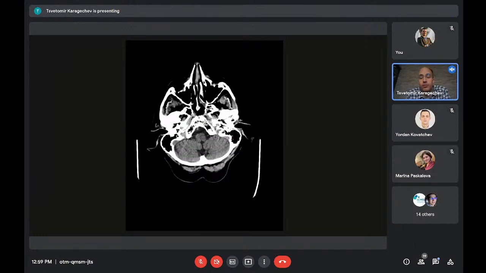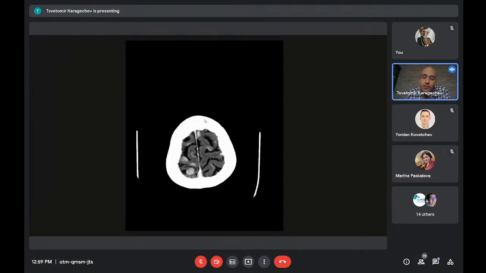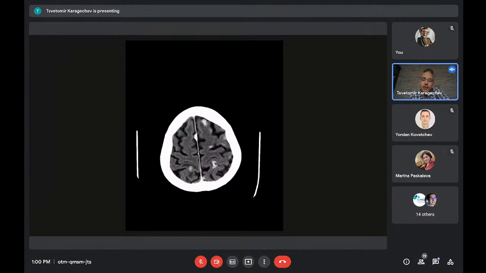So what we do next is we give contrast, and in the parenchymal phase, so we inject the contrast and wait for like 3 to 5 minutes so the contrast can fill the brain parenchyma through the broken blood-brain barrier, and this is what we see.